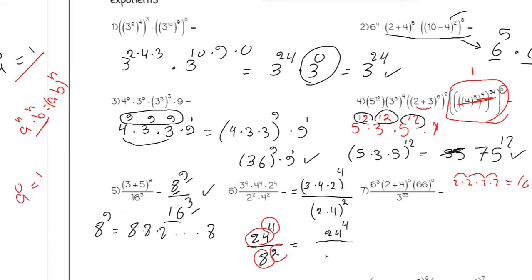Instead of 8, I can write 2 times 2 times 2, because 2 times 2, 4, 4 times 2, 8. And we have the power of 2 on all of them.